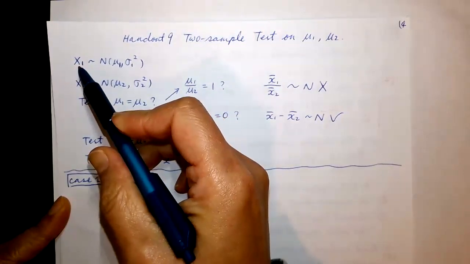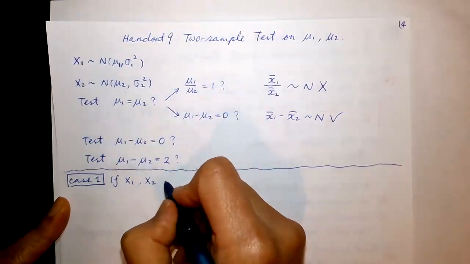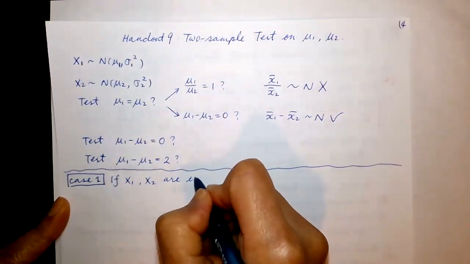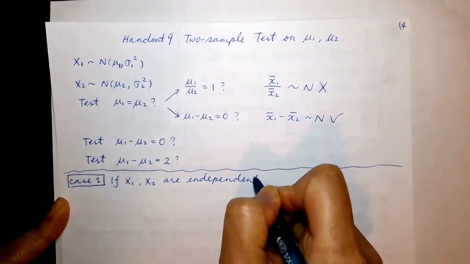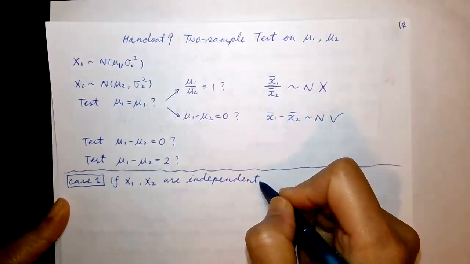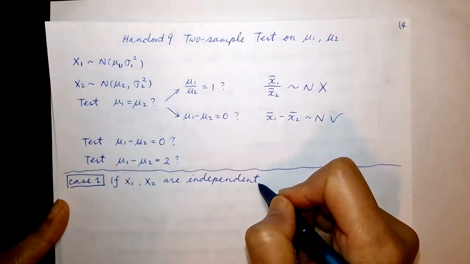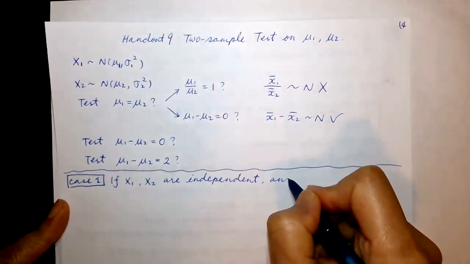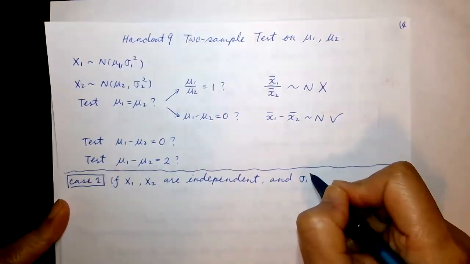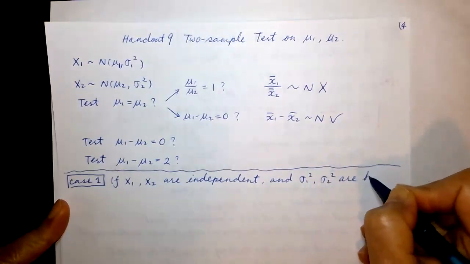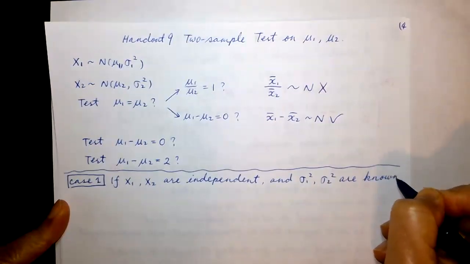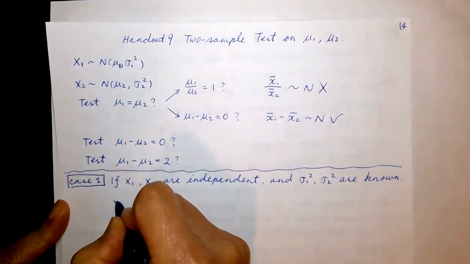So if x1, x2 are two variables, for example, girls' height and boys' height, the two variables are independent, right? Because you randomly pick the boys and girls, make sure they are not genetically connected, they are independent. And population variances are known.